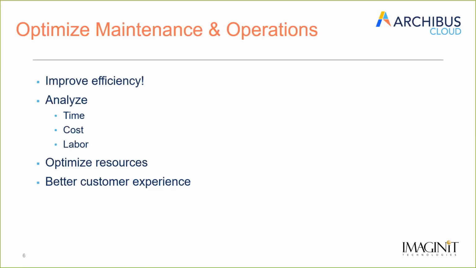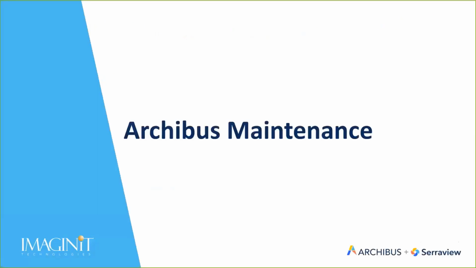The other thing Greg will put a big focus on is that Archibus has worked really hard to improve the end-user customer experience, so that as things are getting fixed and maintained within the facilities, your internal clients are happy. And that's my introduction for things overall.